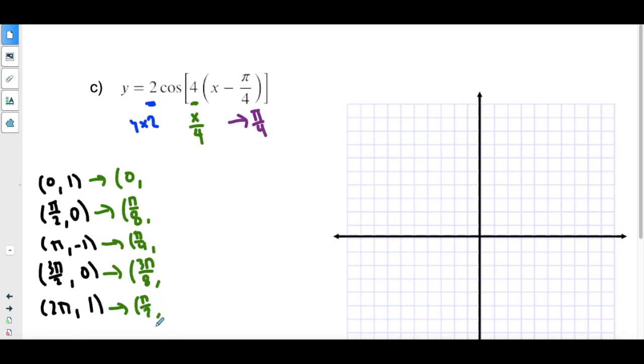Next, we're going to multiply our y values by 2. And next, we need to shift our graph pi over 4 units to the right. Pi over 4 radians to the right.